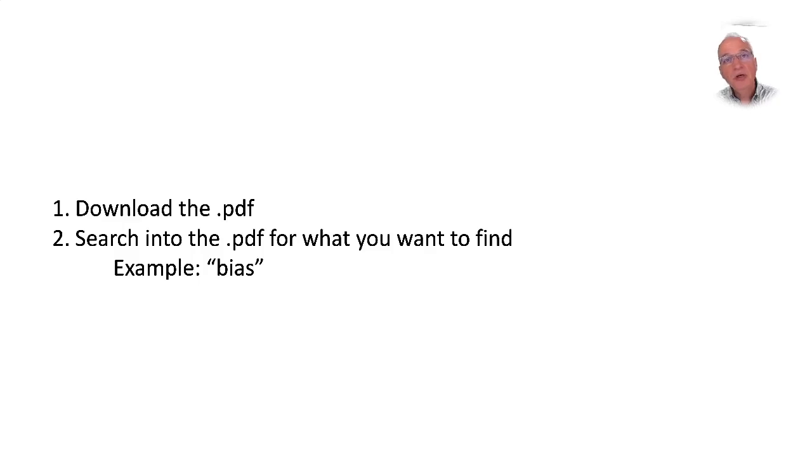All you have to do is access the library. I believe that you may need a VPN for that, but you access the library using your ID from the university, and you're going to gain access to the entire library. So you can then download the PDF and search the PDF for what you want to know. In this example, it was bias.